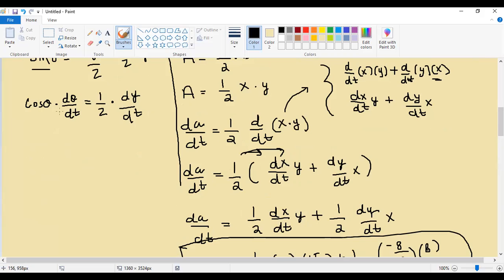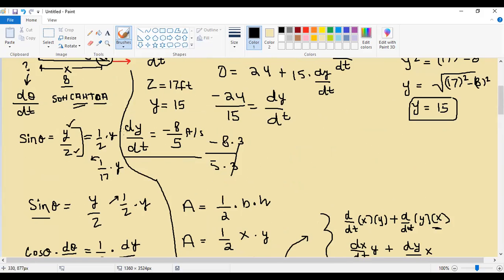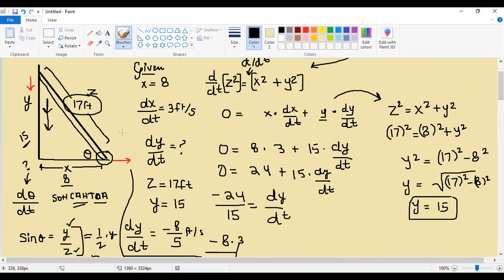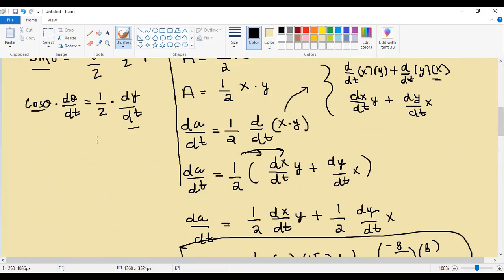But we have some unknowns. Cosine theta is unknown, and so is dy over dt. However, this isn't true. We actually have dy over dt. dy over dt is negative 8 over 5. So we have 1 over z multiplied by negative 8 over 5.